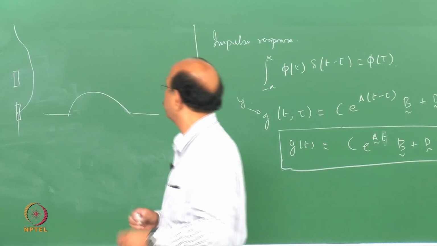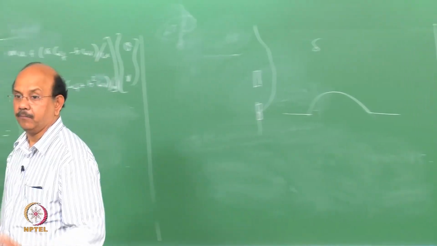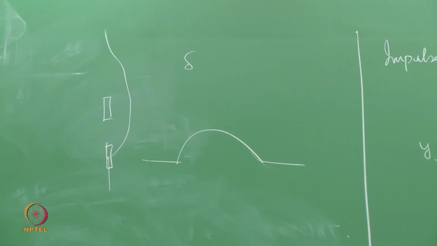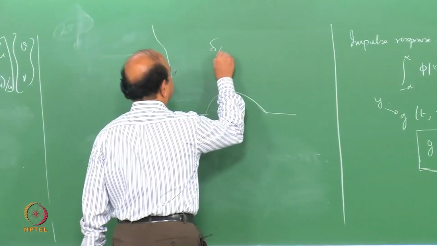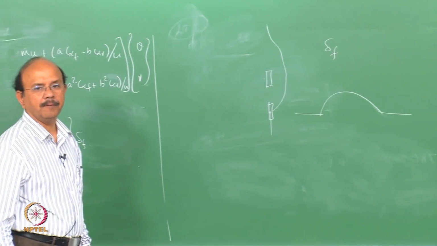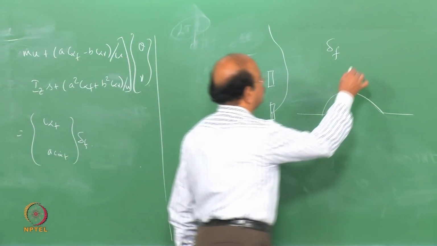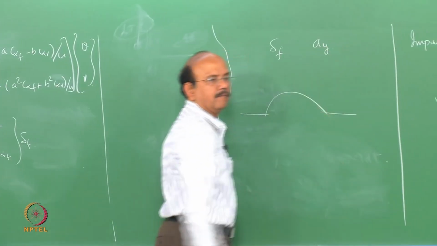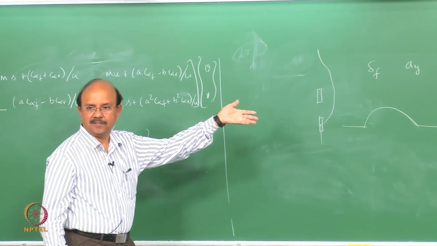So in other words, what are you interested in? In both cases you are giving delta, only the steering input. Given the delta on the front, what is the response of the vehicle as far as the lateral acceleration is concerned? Either you can write it as u squared by rg or u squared by r, it doesn't matter.